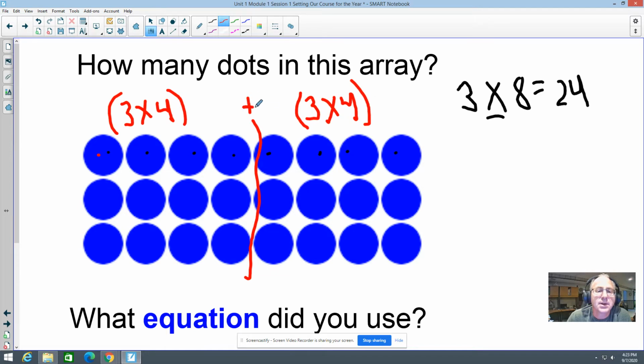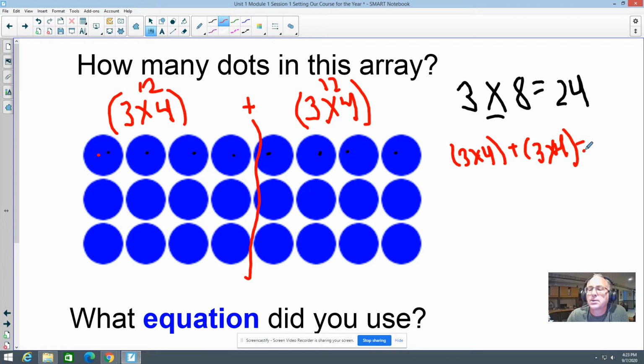And you're just going to add them together. So again, 3 times 4 is 12. 12 plus 12 equals 24. So you could have written this out as 3 times 4 plus 3 times 4 equals, and we could have even used a symbol here for our unknown, maybe D for dots.